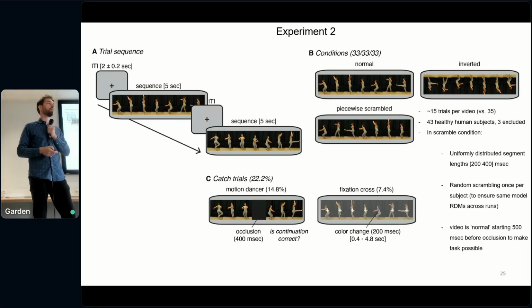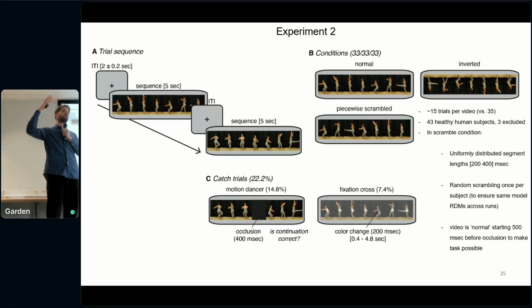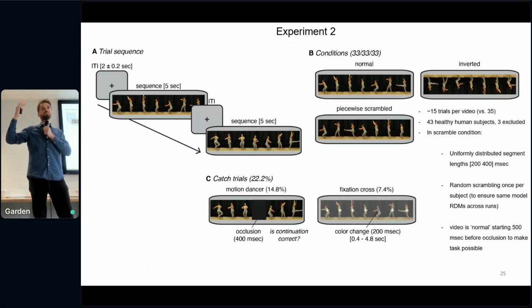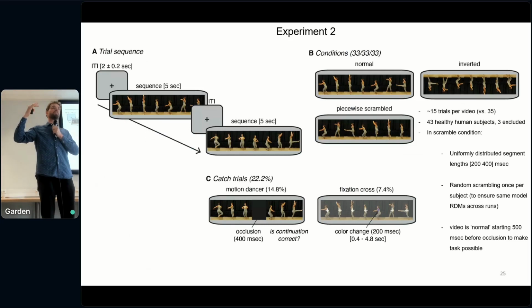But then we also thought, okay, we have this hierarchical prediction for different features, right? What happens if we reduce the predictability by reducing the familiarity that subjects have with the stimuli at one level, the highest level in this case, but keeping the stimuli otherwise the same?